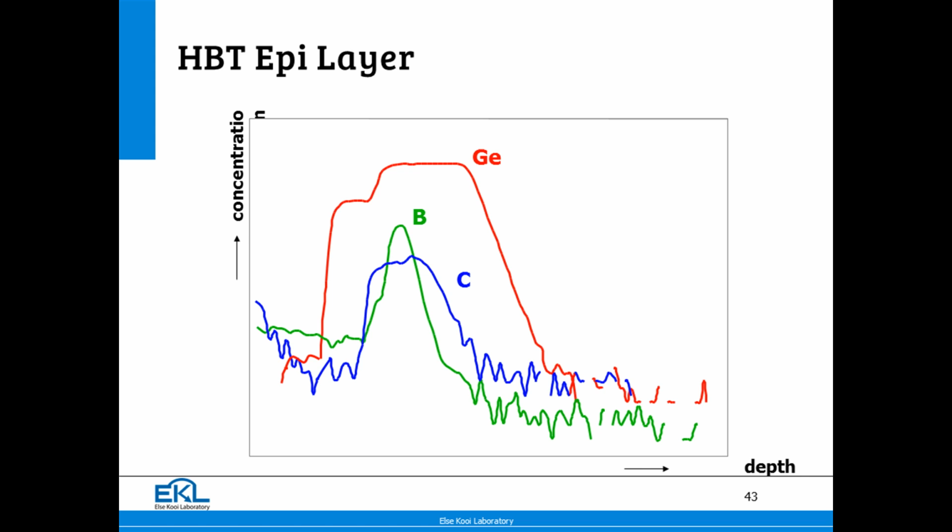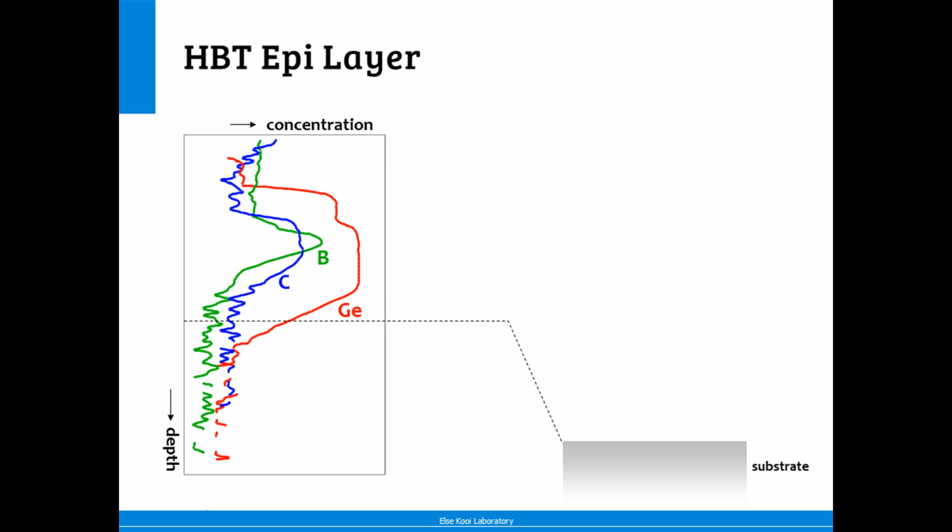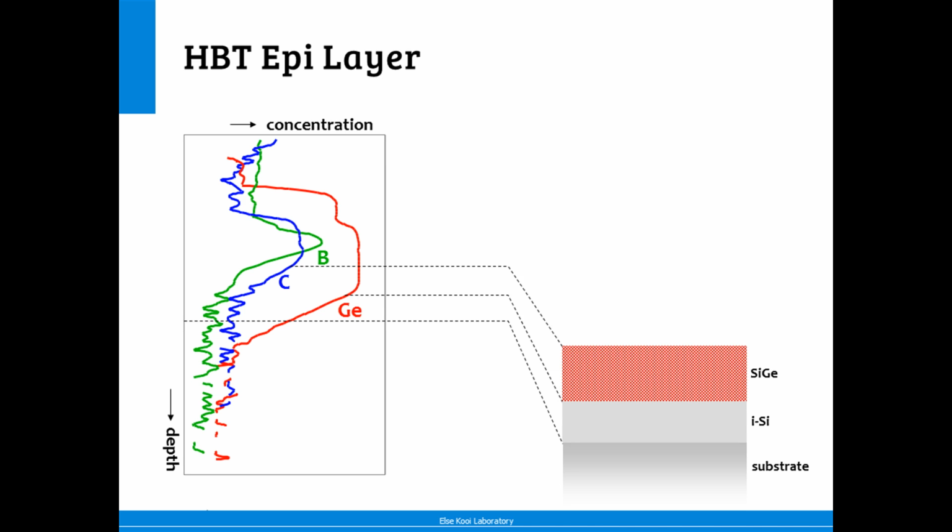An example of an HBT, the base profile, rather complex. Boron spike in silicon germane, and with the carbon around the boron to keep the boron from diffusing. And to show you how complicated it is: substrate, thin layer of intrinsic silicon, silicon germane, high germane content, silicon germane carbon.